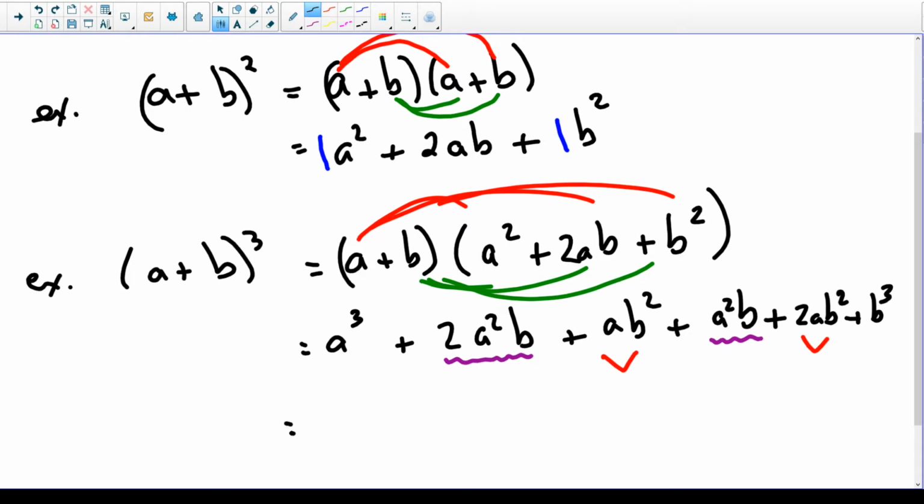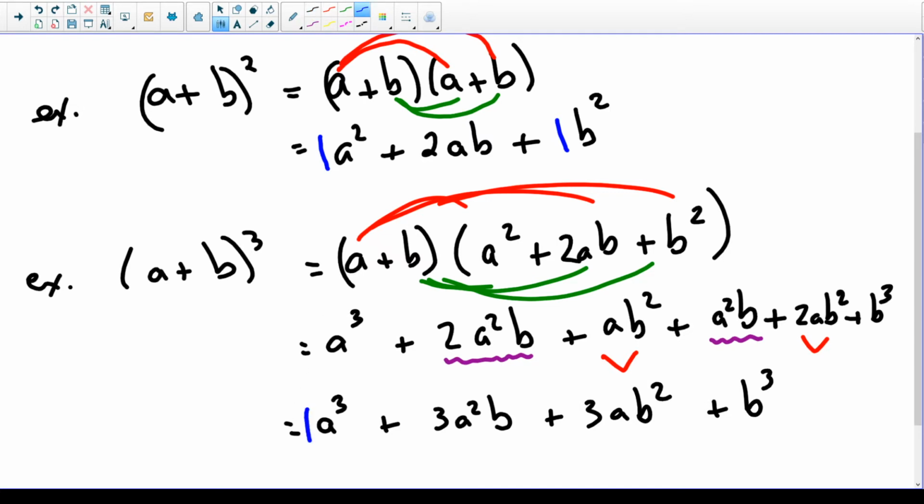So we're going to get a cubed plus 2a squared b plus a squared b is plus 3a squared b. ab squared plus 2ab squared is plus 3ab squared. And plus b cubed is the last term that doesn't have anybody to join with. And like in the previous example, I'm just going to put the coefficient of 1 here and the coefficient of 1 there.